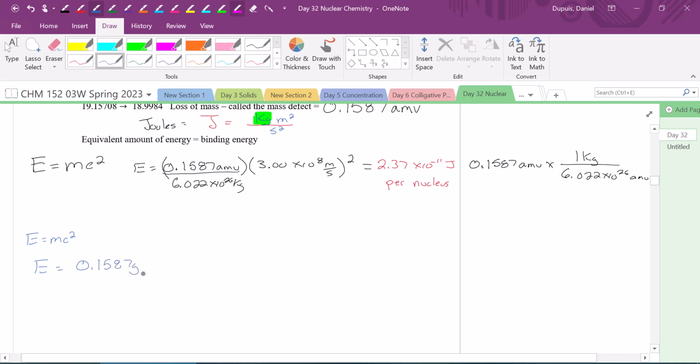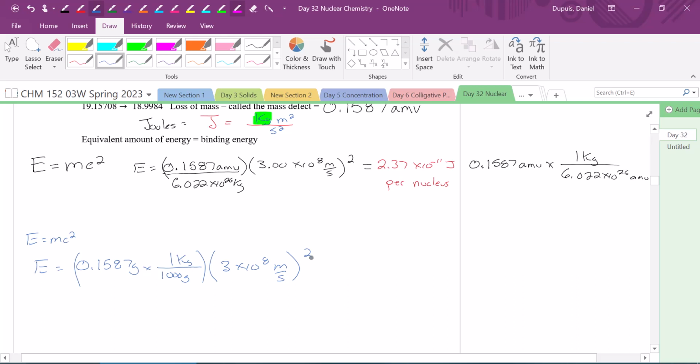And I'm just going to convert that into mass. 1,000 grams is a kilogram. So there's my mass. c is 3 times 10 to the 8 meters per second.